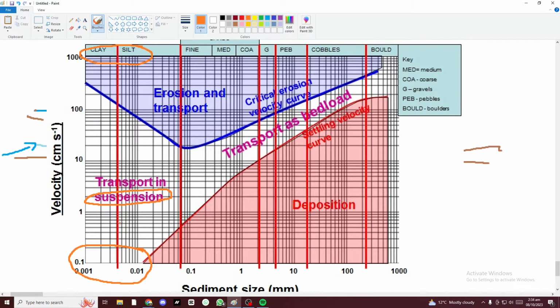So this whole white area is the range in which the particles at the top are transported as a suspension.